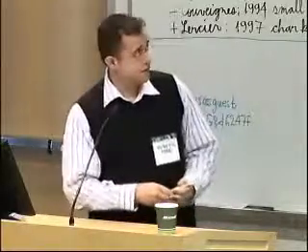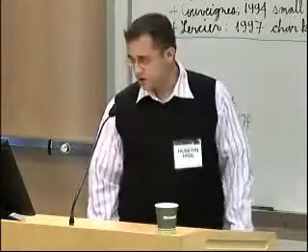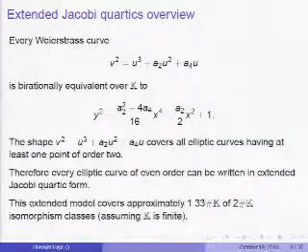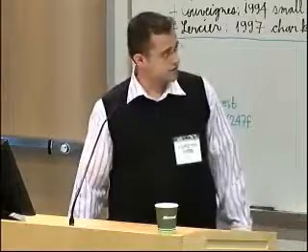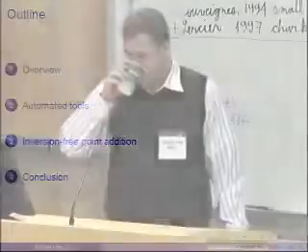Therefore, since they are birationally equivalent, we conclude that Jacobi quartic curves cover all curves of even order. And it is well known that approximately 2/3 of equivalence classes fall into this category. So the overview is done.